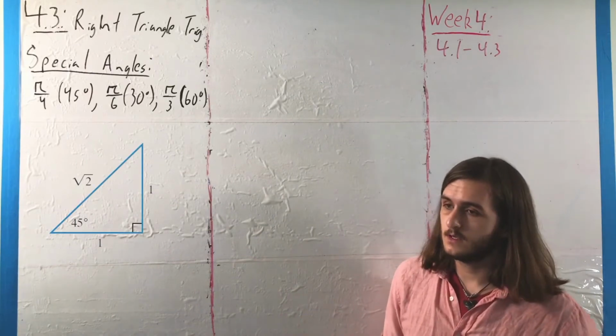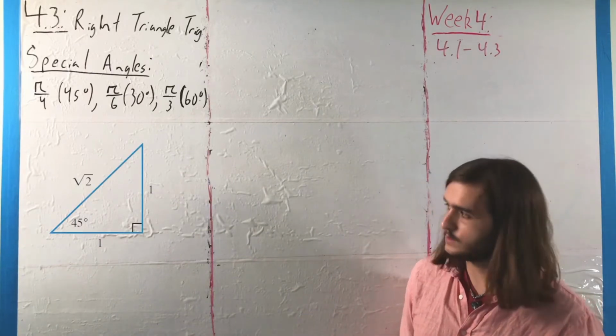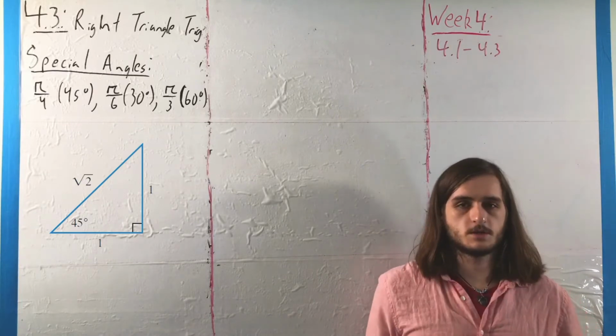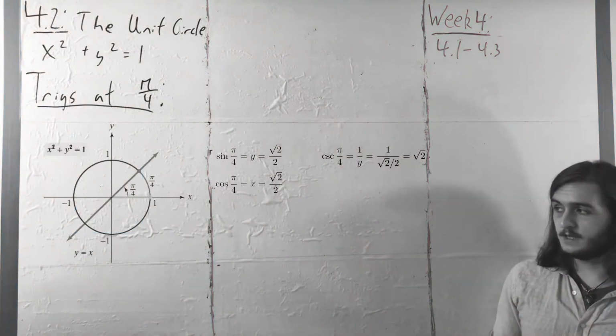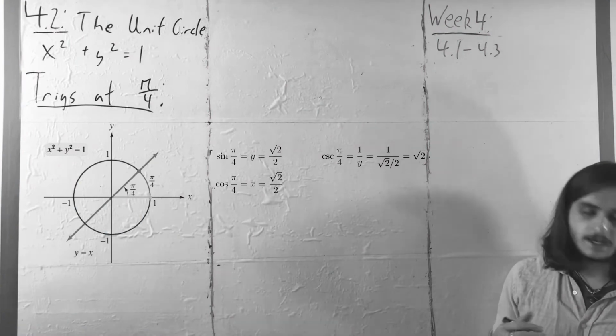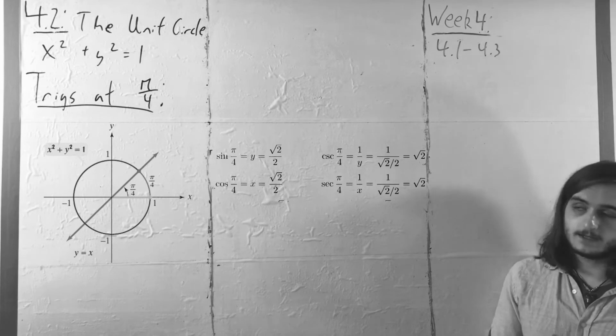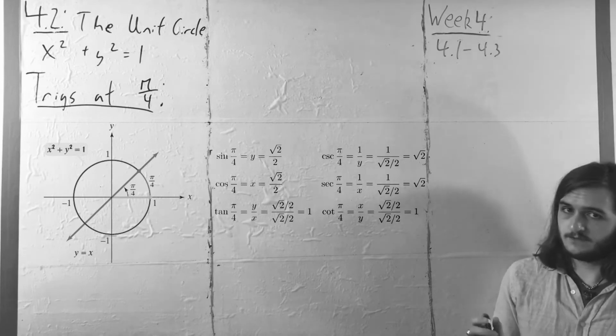which we can use to get the measures that we saw from the last section for the 6 trig functions at 45 degrees or pi over 4 in that type of relationship instead, using the 1, 1, root 2 construction.